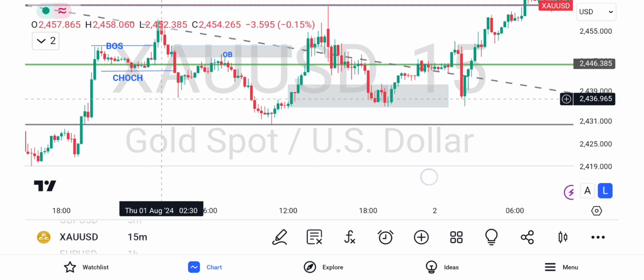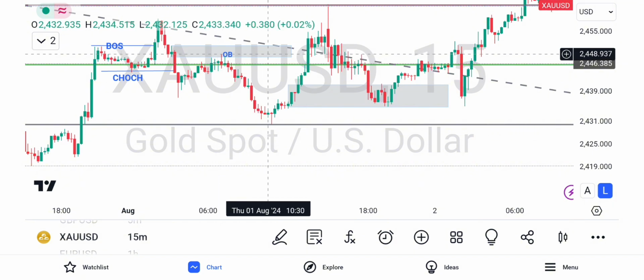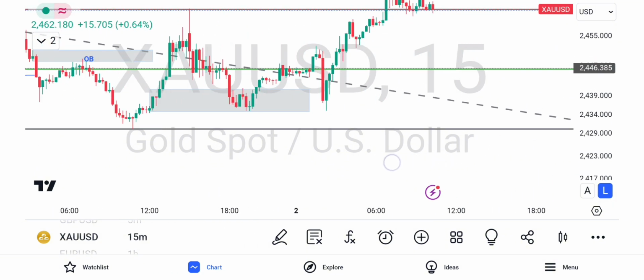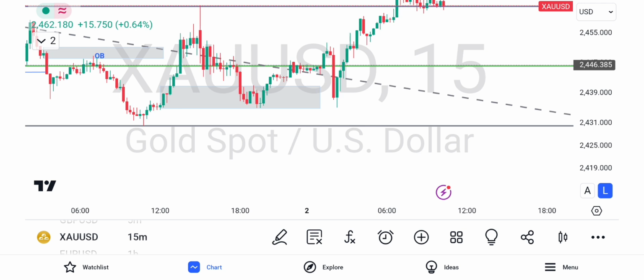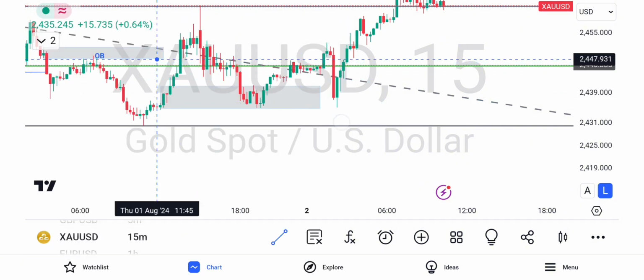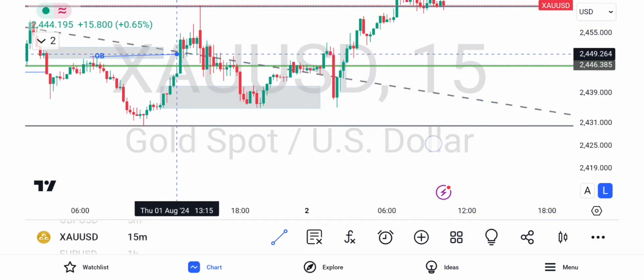Okay, we are supposed to buy here, but it's a short one, and then they sell from here. So in this case now, this is a break of structure here. Price has given us a break of structure here.